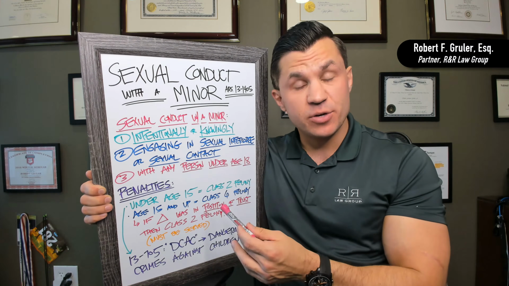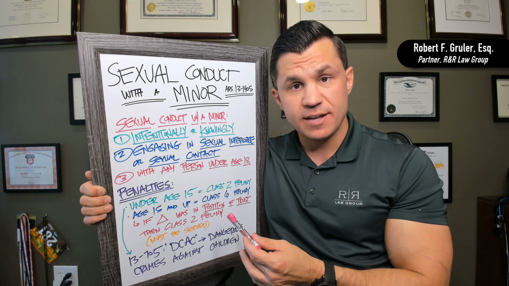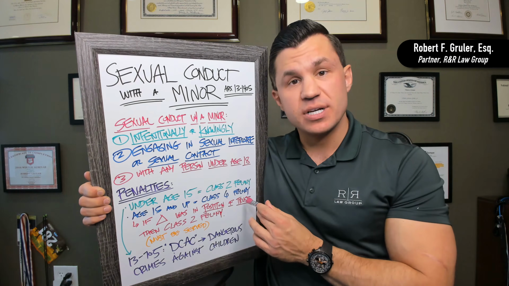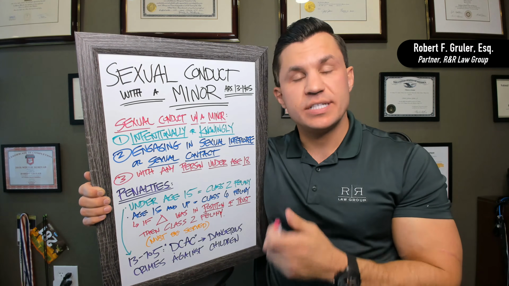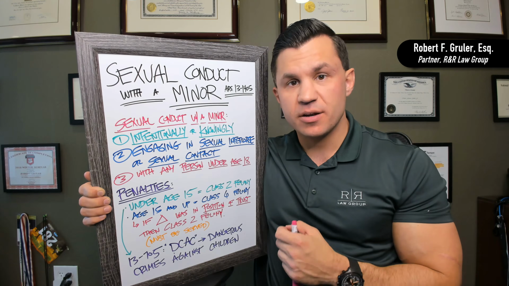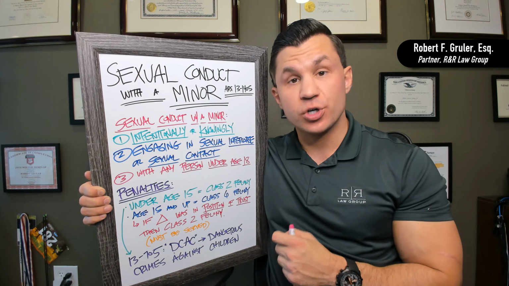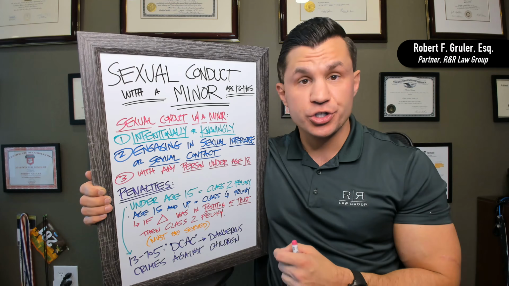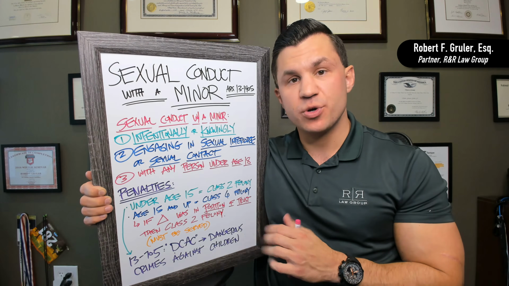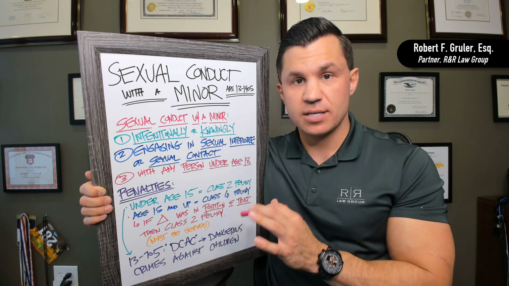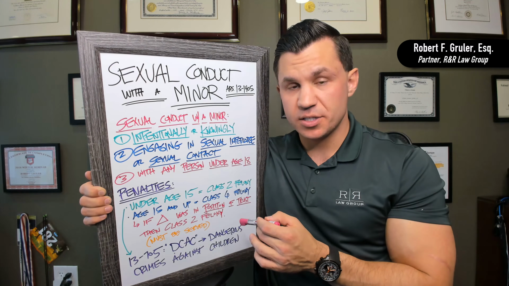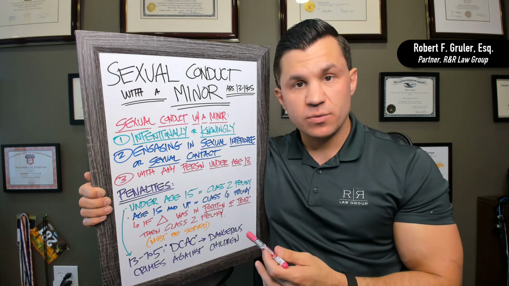In the definitions portion of the videos that I've made, position of trust is defined. Specifically, it is for people who are teachers, parents, adoptive parents, foster parents. It's for coaches, instructors, it's for clergy. It's really for anybody who is going to be within a circle of trust. If they're in that circle of trust and they engage in sexual conduct with a minor, the law really wants to penalize them.